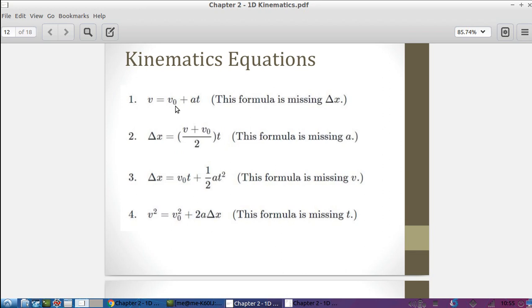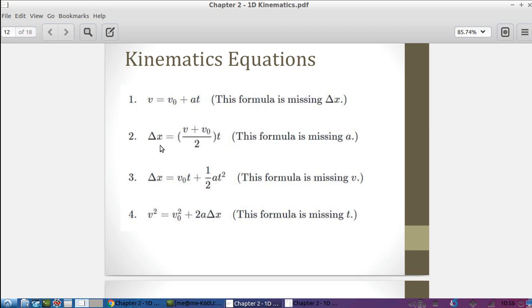When I write out my kinematics equations, I'm going to use initial and final. So we've got a final velocity, an initial velocity, acceleration, and time. If I don't know the displacement of an object, this equation can come in handy.